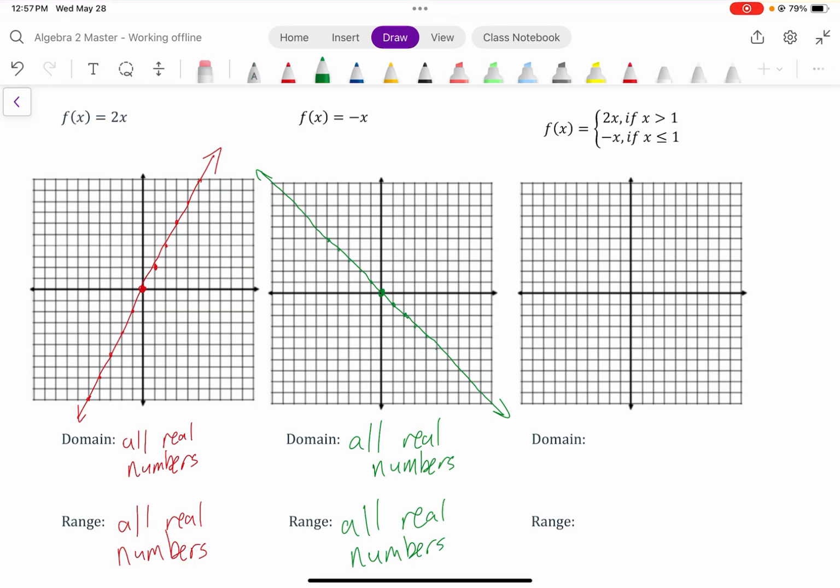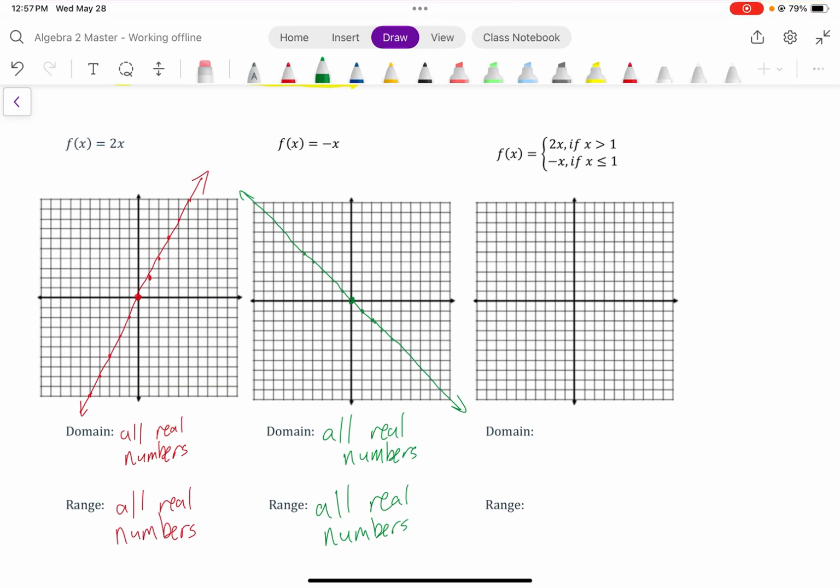These are our two functions we're going to make a piecewise function out of. So this one right here is our piecewise function. This little bracket is going to tell us that if we have x greater than 1, we are going to use the equation 2x. But if we have x less than or equal to 1, we are going to use negative x. So I'm going to start with the if x is greater than 1.